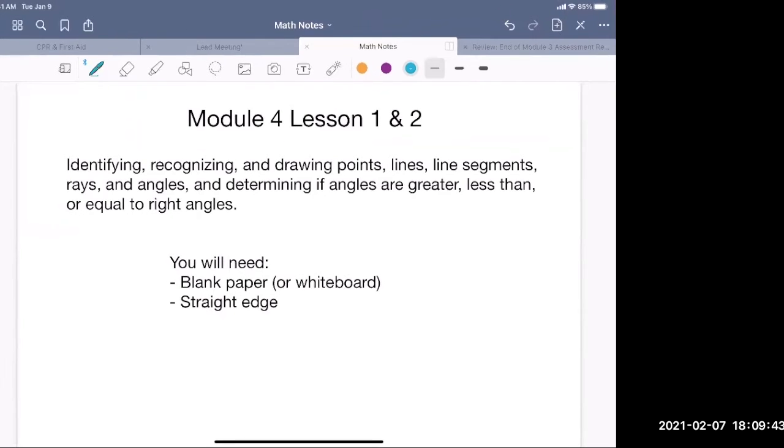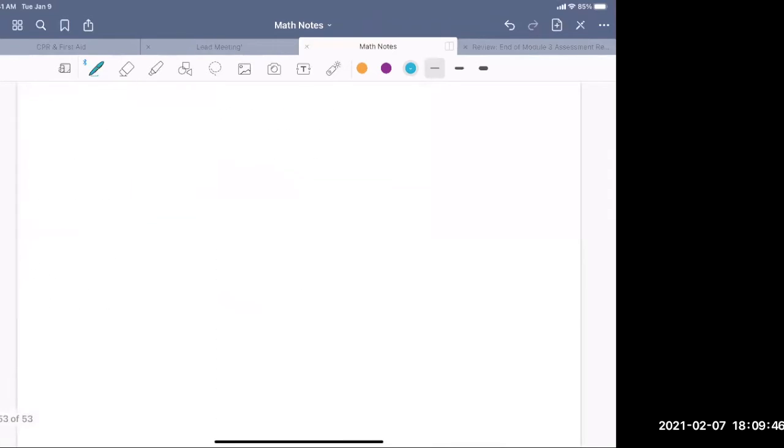Okay, so the first thing we're going to do is think about a specific location on the paper. I want to identify or mark a specific location on my paper. So here's my paper. Think about how could we mark a specific location on the paper?